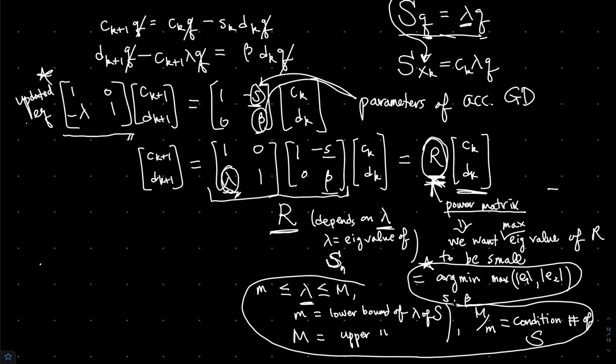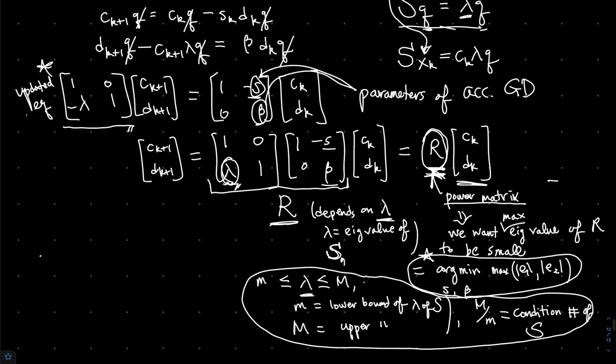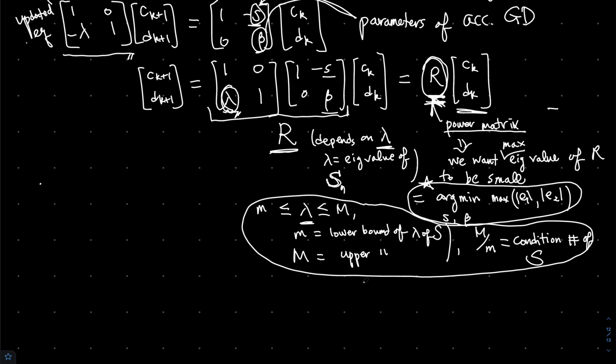And I'm not going to show the details of the solution, but if we solve this argmin for this matrix R, then we can find the optimal S. So the optimal step size can be determined fairly similar to the process where I determined the optimal step size for the exact line search that we saw for the gradient descent.